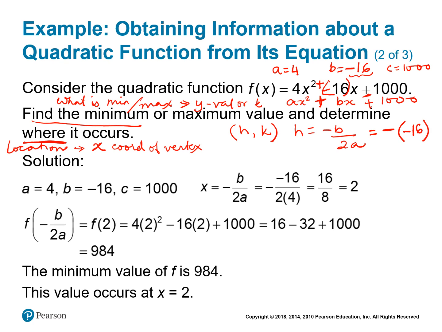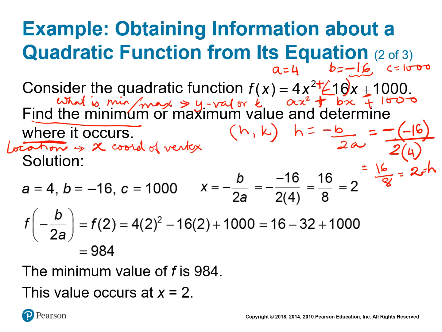Negative 16 over 2 times a is 4. So we will have minus times minus 16 is positive 16, 2 times 4 is 8, so 16 divided by 8 is a 2, and that is what our h value or the x coordinate of the vertex is. The x coordinate of the vertex is 2.